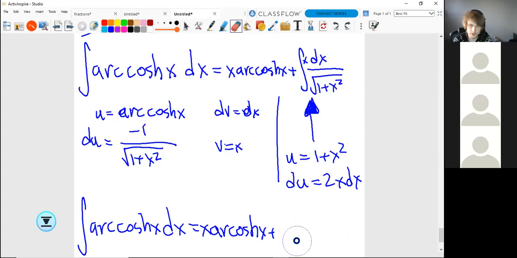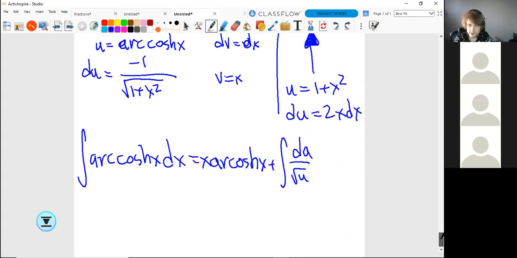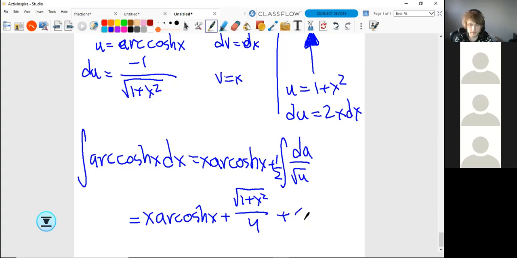It's the integral of du over the square root of u, which we said was the square root of u over 2. So this is equal to x arc cosh x plus square root of 1 plus x squared over 4 plus c.